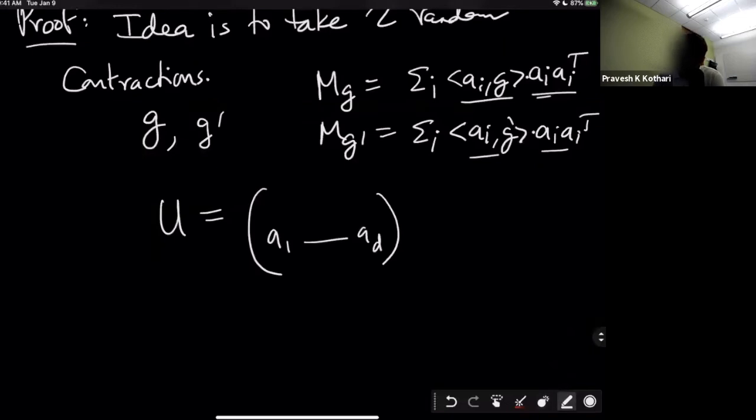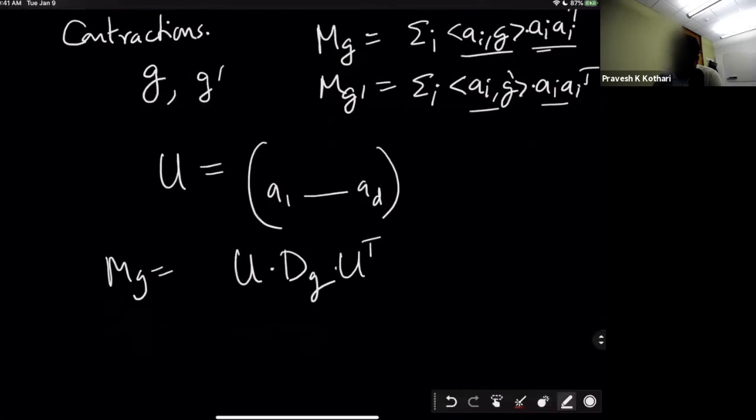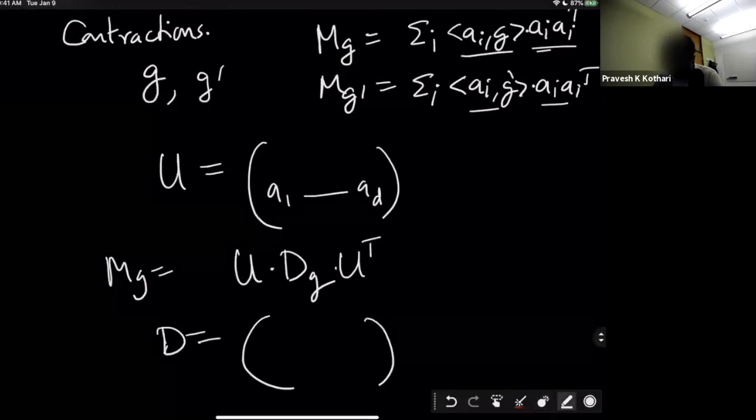Good. So then M sub G can be written as U D_G U transposed, where D_G is basically this matrix where a_i dot G appears on the diagonal.